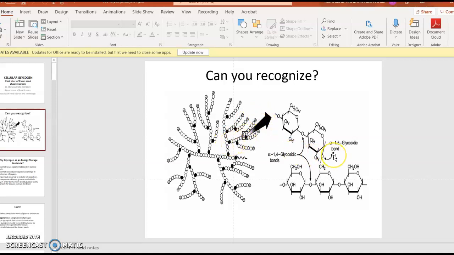The second one is the alpha 1,6 glycosidic bond, which only happens at the branch of the glycogen. This molecule is in fact similar to the starch that you probably see in the plant, but because it exists in the human, although the molecule is similar, their way of breaking down or forming them can be very different.